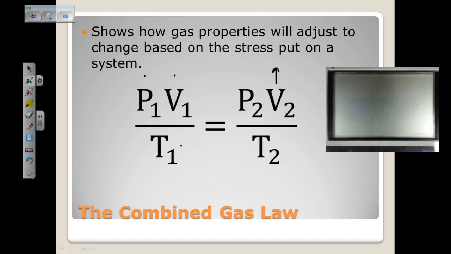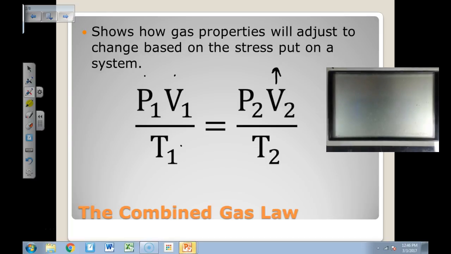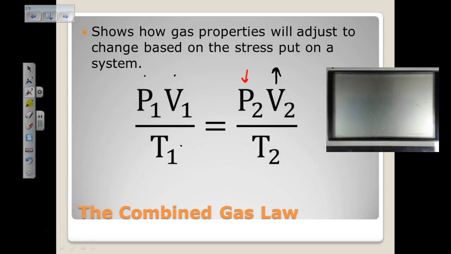So if the volume increases, in order to maintain that this side is going to equal this side, the pressure is going to have to decrease, or the temperature is going to have to increase, or some combination of the two. And so what this does is it sets up the way to calculate what the new pressure, volume, or temperature is going to be based on what's changing.